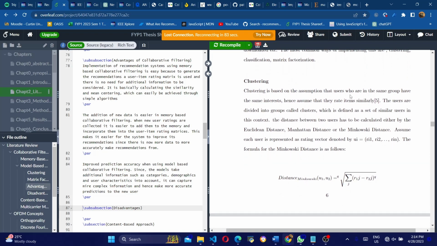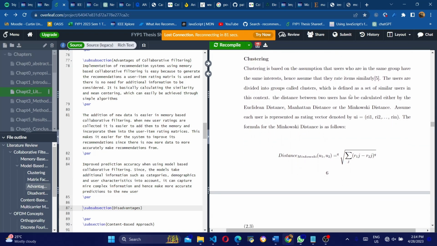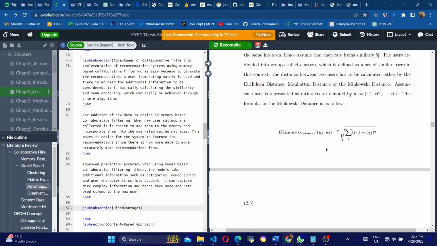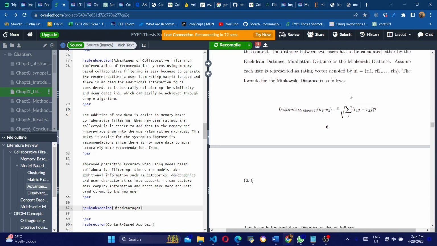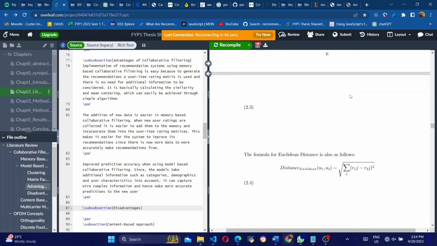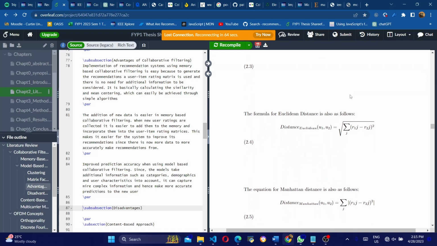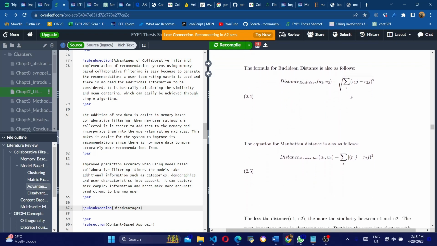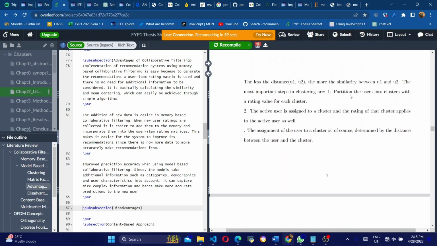Assuming that each user is represented as a rating vector denoted by UI, the formula for the Minkowski distance is as follows, as indicated in the document, right? Then we also have the formula for Euclidean distance as follows. Then for Manhattan distance as follows.